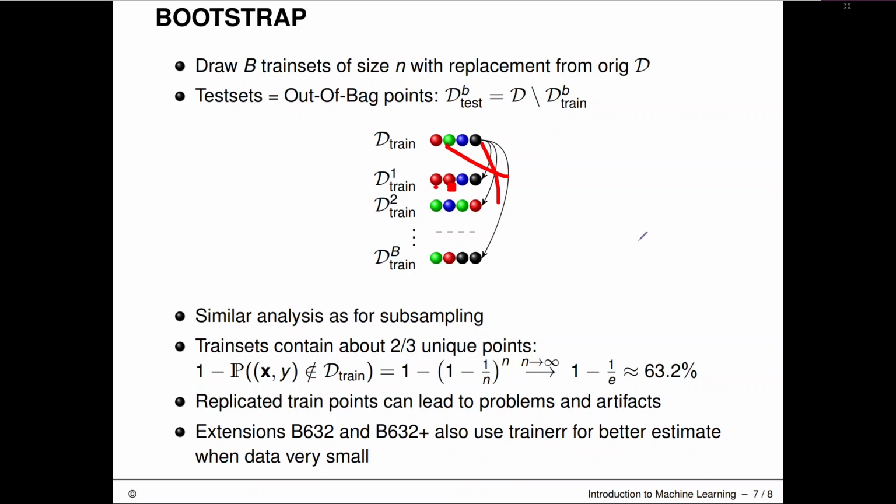And we can perform a similar analysis as for subsampling. So the more repetitions we actually perform, the lower the variance of our estimator. We can also reason a little bit about how many unique points will actually be in our training set, because it sounds a little bit like Bootstrap would be completely unbiased, with no pessimistic bias at all.